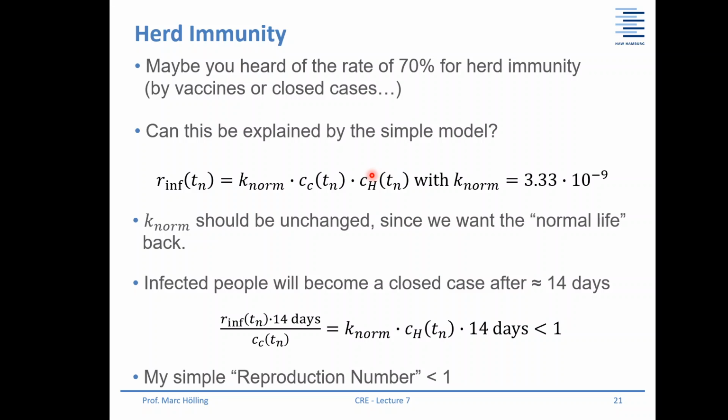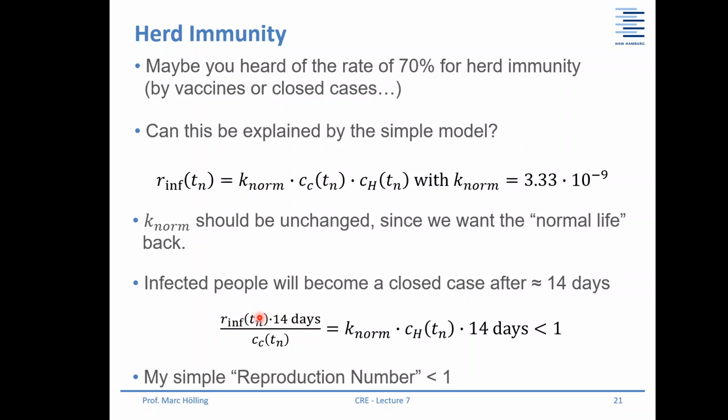After 14 days, they are a closed case. This means that if you take my reaction rate times 14 days, the number of people that these 400 people infect in 14 days, and divide this by the starting number, then this value should be below 1. So you start with 400 people, calculate how many people they infect per day, and multiply by 14 days.